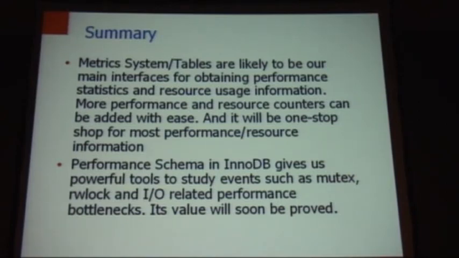And there will be a lot more information being provided through this interface. Performance schema in InnoDB gives us a powerful tool to study events, mutex events, and other blocks, all those performance bottlenecks. And we are using that to improve our system.